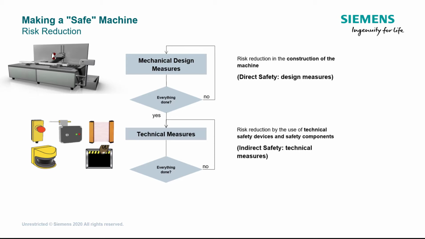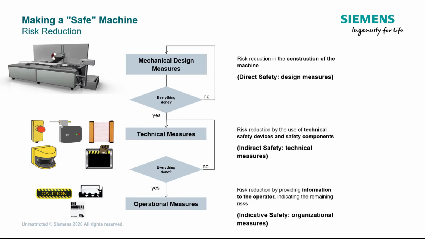The third phase, which is operational measures, refers to now maybe adding labels or simply training the personnel that are going to be around that machine of the inherent risks. Again, all three of these are equally important. So don't disregard the importance of simply either adding labels to the machine or providing training on the machine.